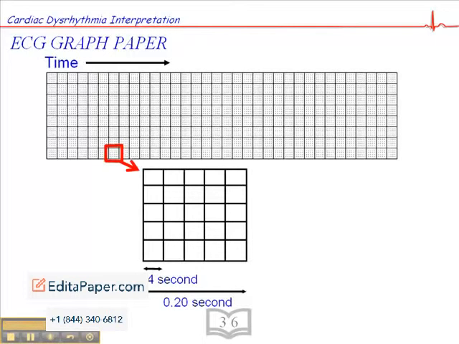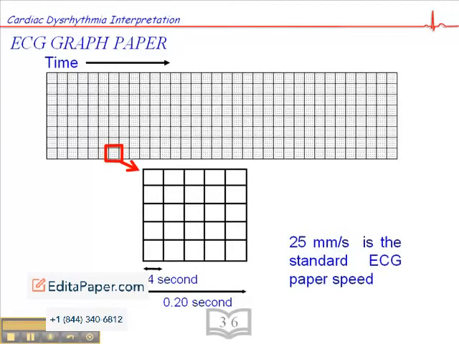Fairly straightforward. Now, if we look at paper speed, standard paper speed for a cardiac monitor is 25 millimeters per second, and this is not something we have to worry about a whole lot, but if you have a monitor where your battery is getting low or the monitor is malfunctioning, then the paper speed may become altered.